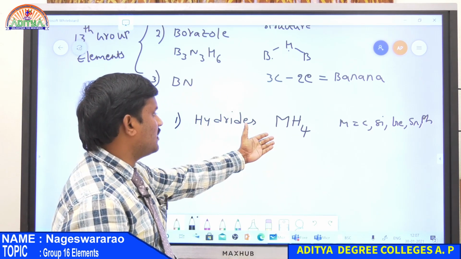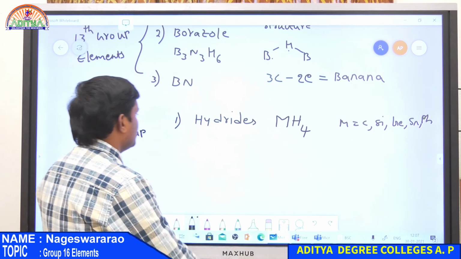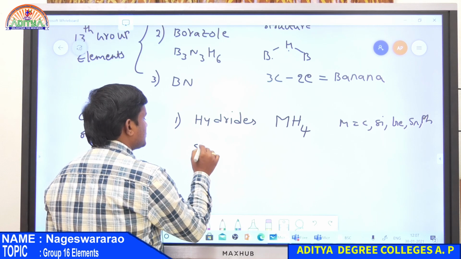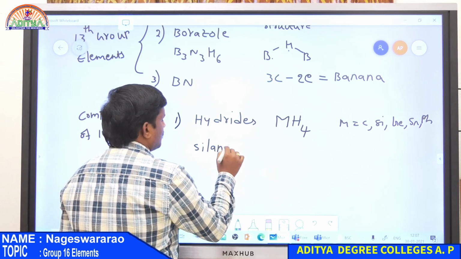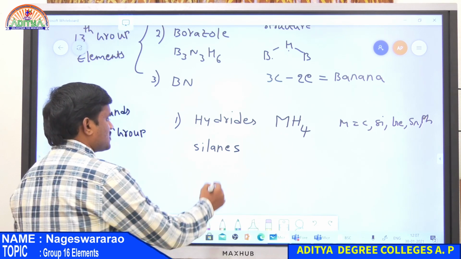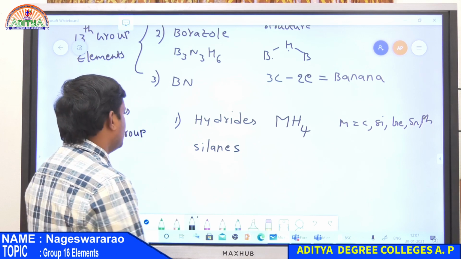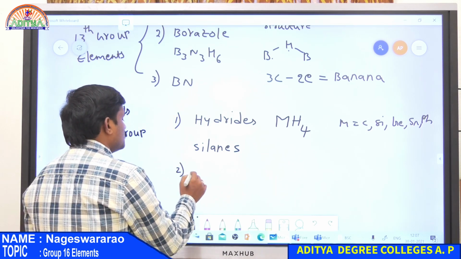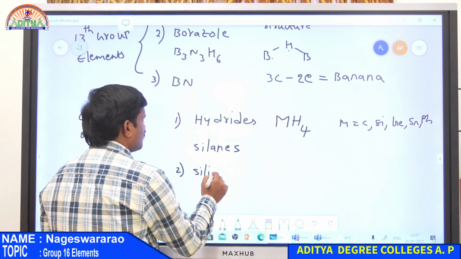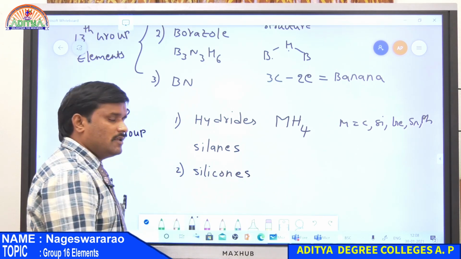If it is carbon, it is CH4, methane. If it is silicon, then it is nothing but silanes. So the first compound under this heading, 14th group compounds, is silane, that is hydride of silicon. And then the second one is silicones.